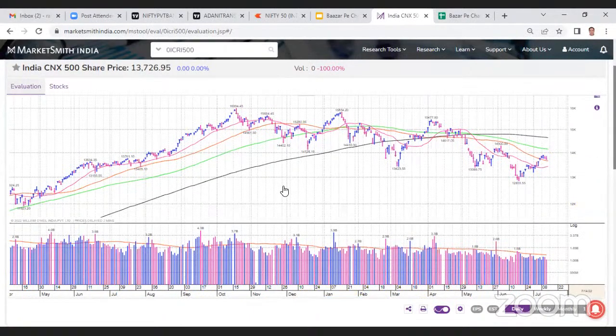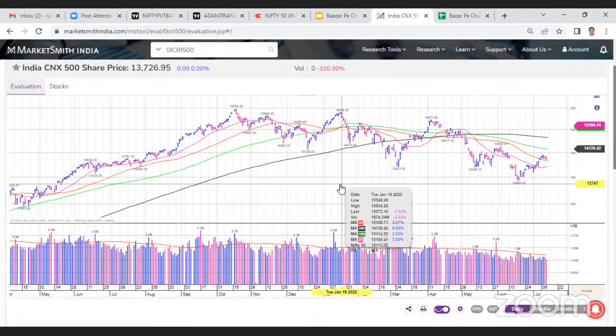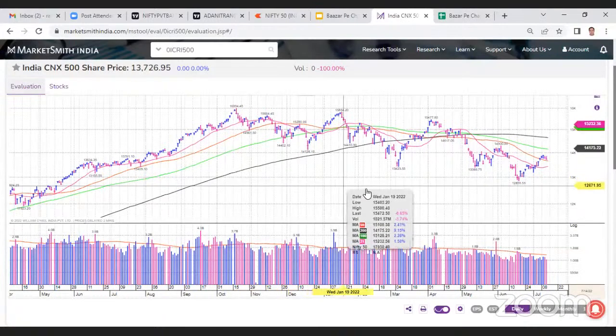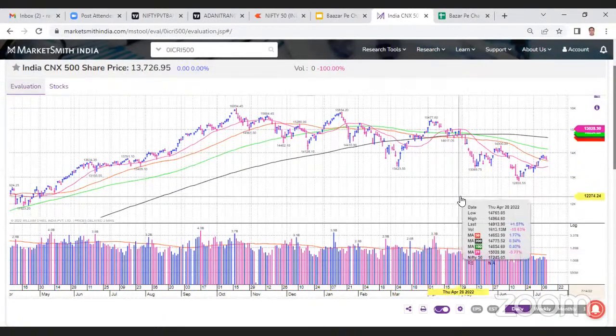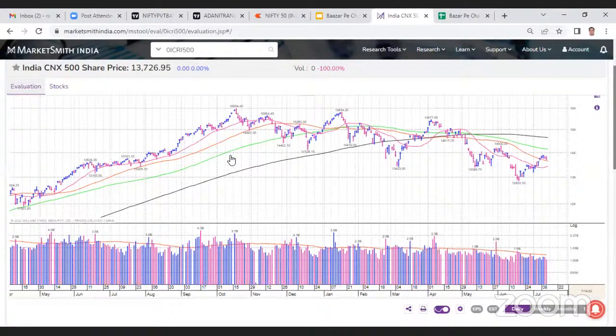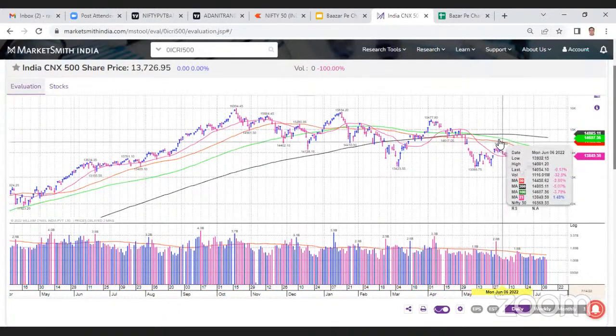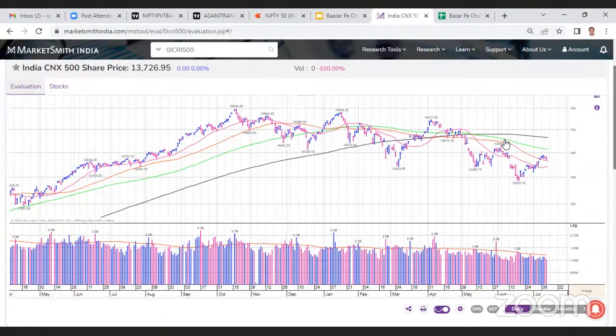After that, it is trending in lower top, lower bottom formation, and still it has not crossed the previous immediate high, placed around 14,300 on closing basis. Unless it crosses that 14,300, it is only trending sideways.